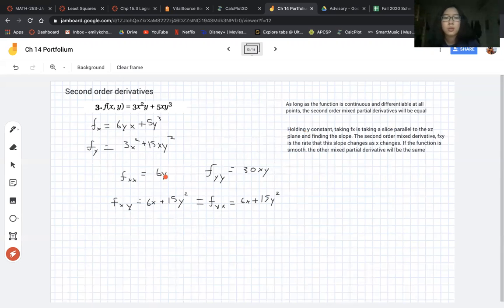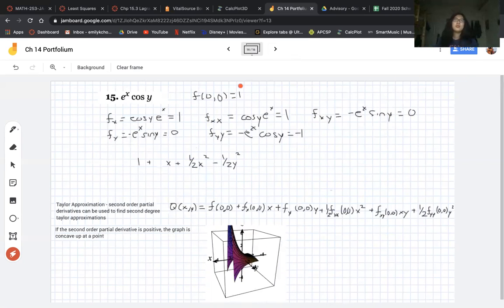If we look at it this way, we can hold y constant. Taking fx is taking a slice parallel to the xz plane, and then we're finding the slope. The second order mixed derivative, fxy, is the rate that this slope changes as we move in the y direction. And if the function is smooth, then the other mixed partial derivative will be the same.